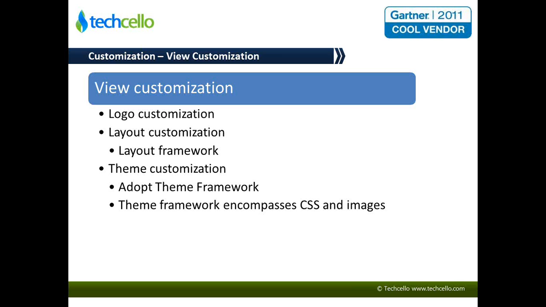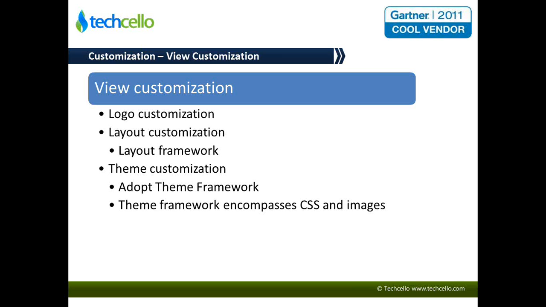To begin with, the most common customization is view level customization. One thing that every customer would have requested, if you're providing an application for multiple customers, is white labeling, right?